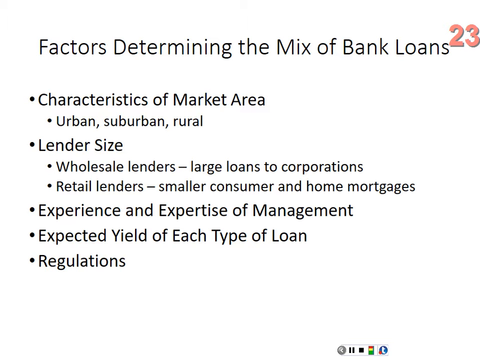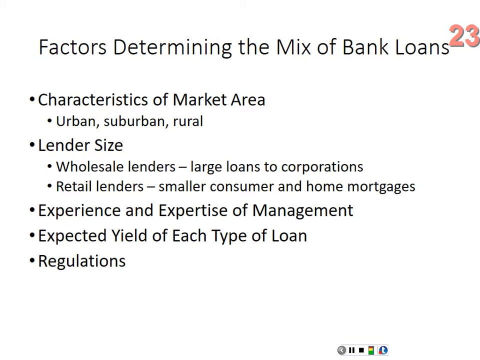Because you've got to have somebody, first of all, to round up the cattle, transport the cattle, and store the cattle until you can find a buyer for them. You may think that'd be an easy process. Well, it's probably not, okay? So again, characteristics of the market area.